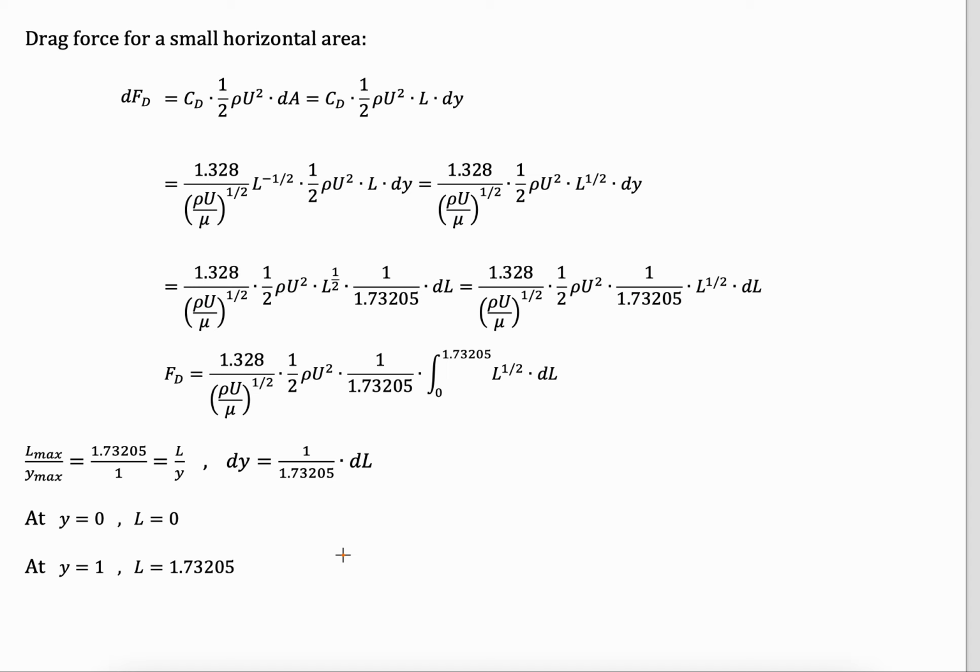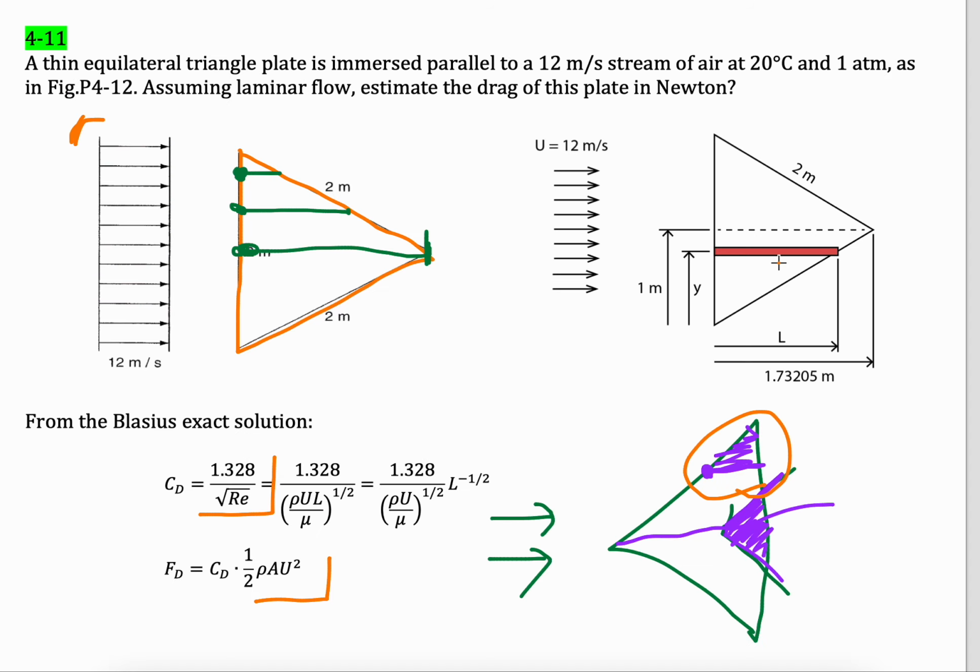The problem is, as I said, because the area is not symmetric, we start with a small area. Let's say we have a very thin rectangular strip, and we assume that this is our origin, (0, 0). So let's start with half of this triangle.